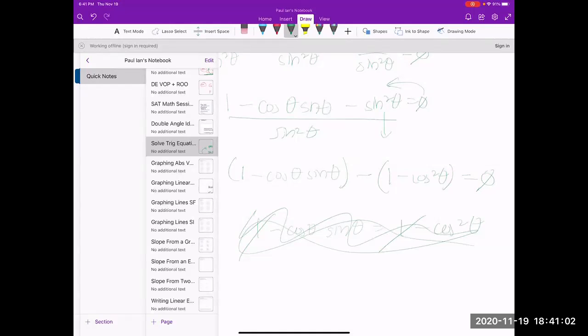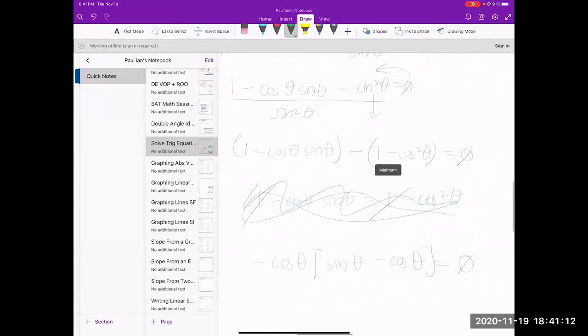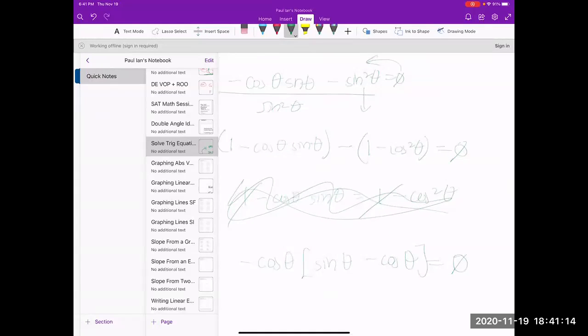This one should be minus cosine theta equals 0. So the 1 minus cosine theta sine theta minus 1 plus cosine squared theta, and the 1 cancels out.